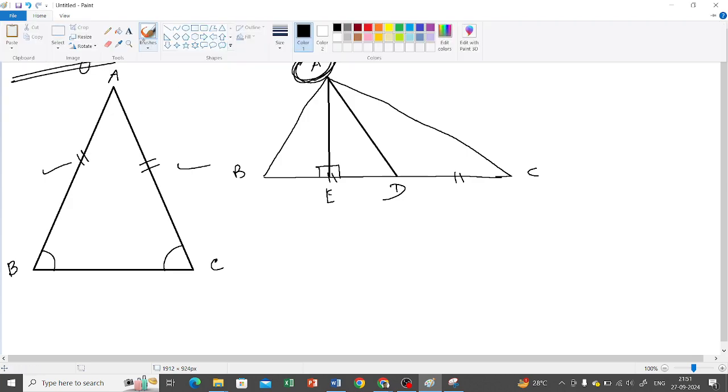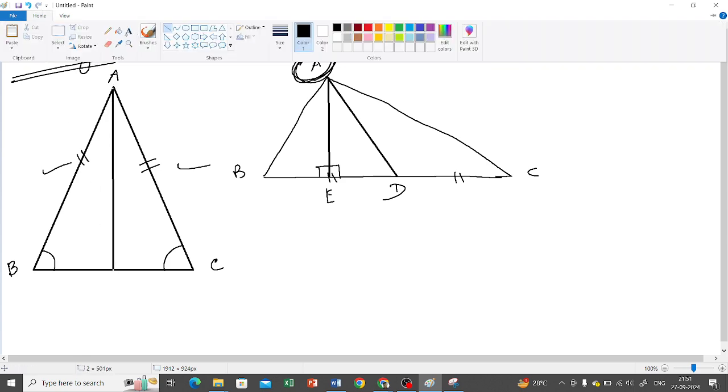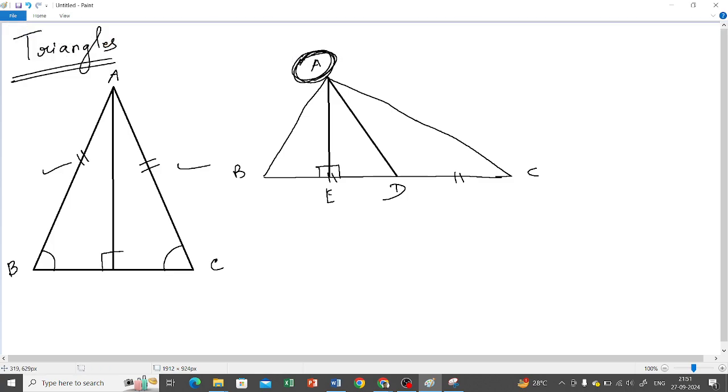In case of an isosceles triangle, the median and altitude both are equal. In any other triangle, the median and altitude are different.